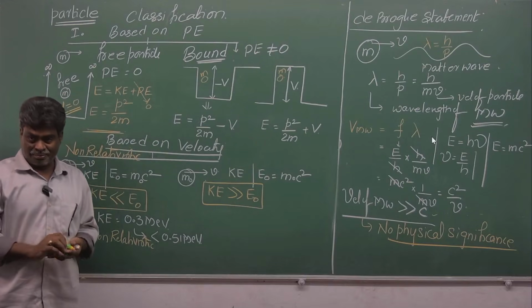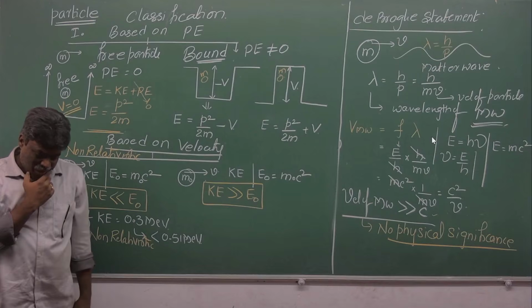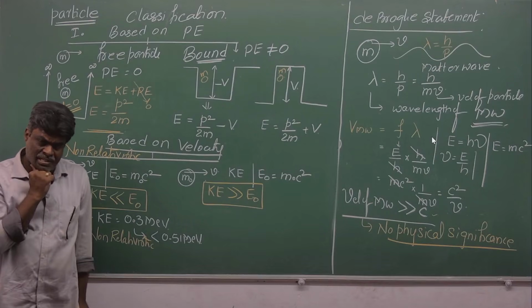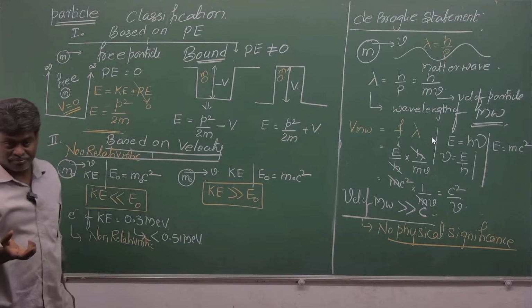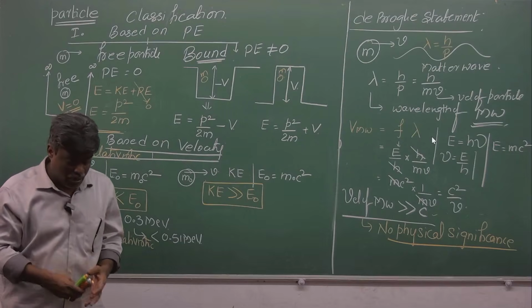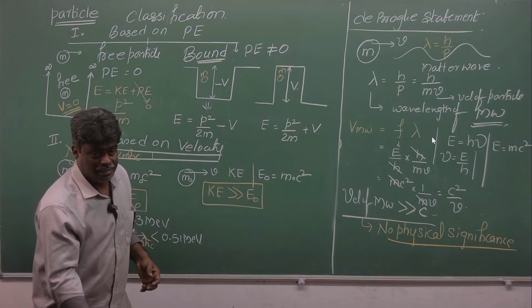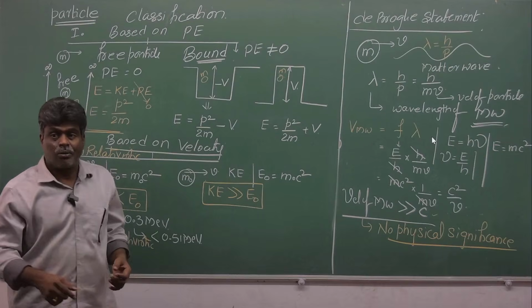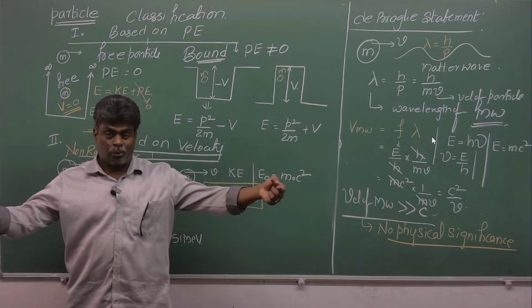Sir, how will you give this very high energy? By cyclotron. If you take an electron, you know the Large Hadron Collider, LHC. What is this? They have taken 2 protons.